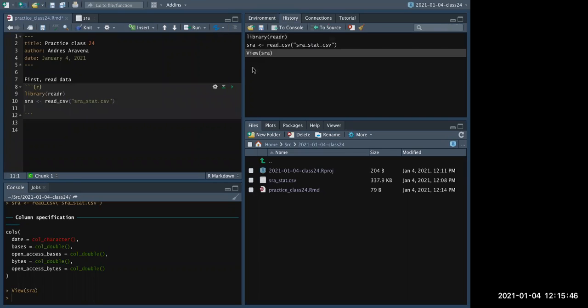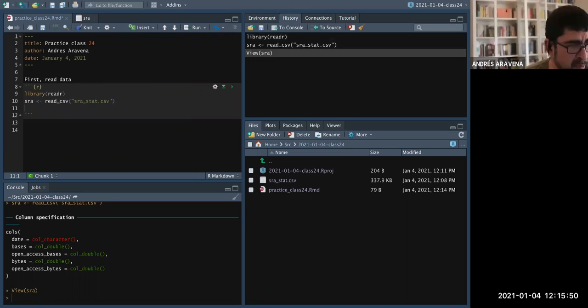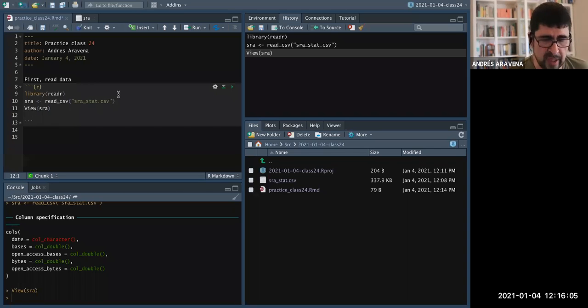The view, never in the RMD. This is one of the errors from a listing of all the errors that I found in the exam. Not common, but some people did this ugly thing. There are two commands that you never put in a Markdown file.